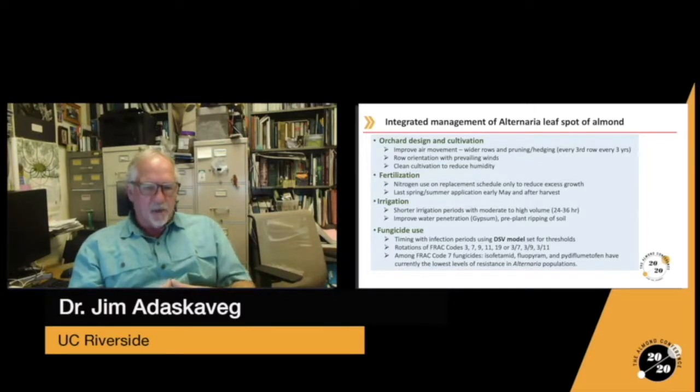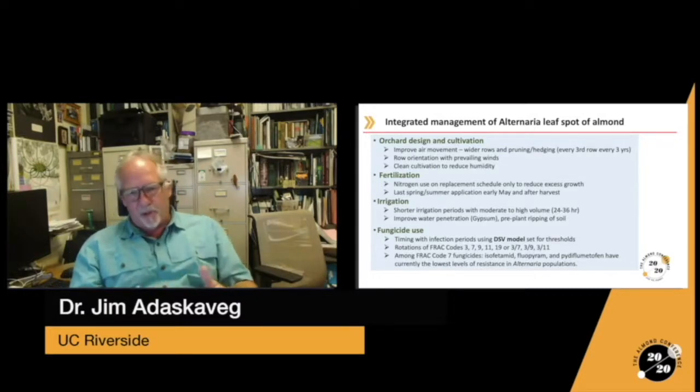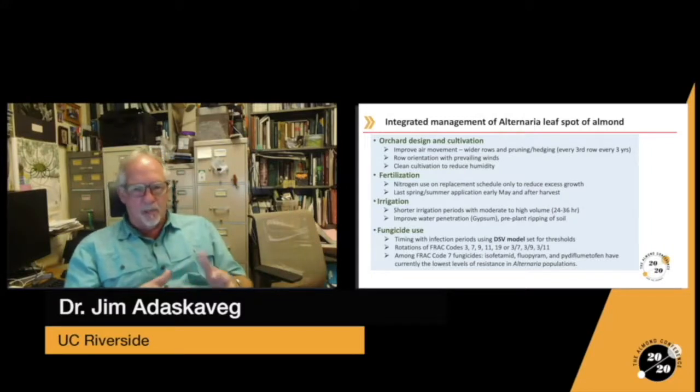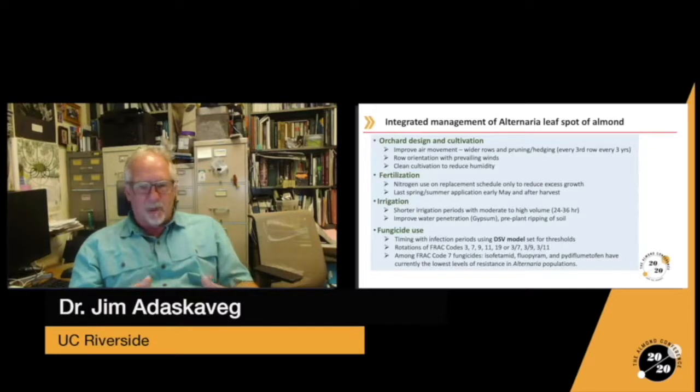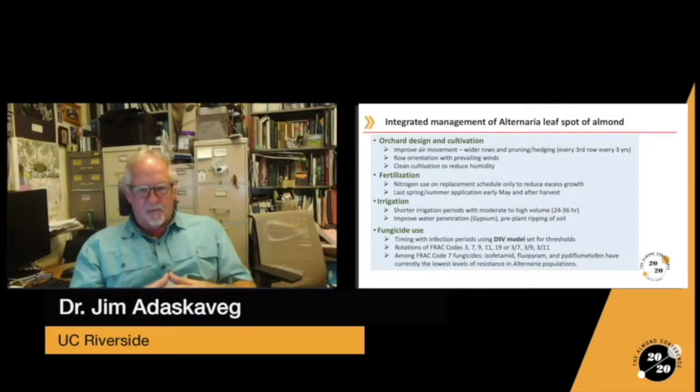So fungicide use is an effective tool when it's used in an integrated program. And using the DSV model set for a threshold, say, of 6 is an effective way to limit your number of sprays and to get the maximum reduction in disease. So we have good fungicide materials we've identified by these FRAC groups, and we've identified that there is concern with FRAC code 7 for potential resistance.